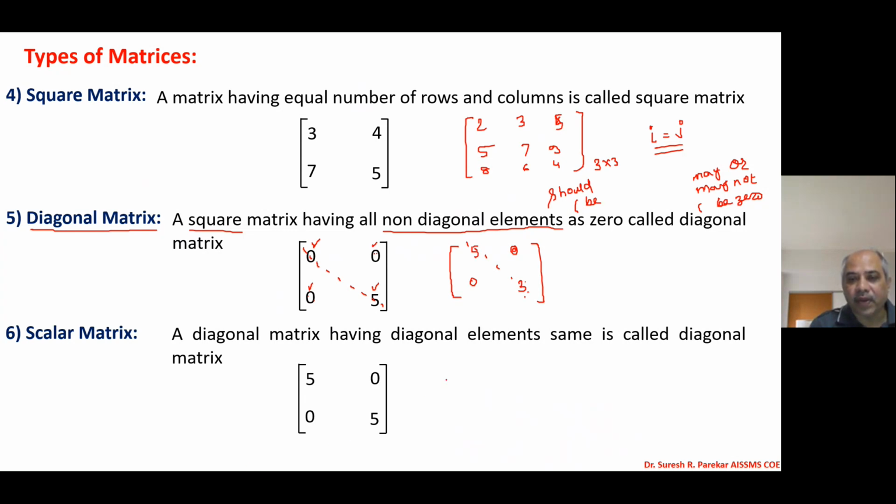Or if you have a 3 by 3 matrix, then you have 2, 2, 2, and all other non-diagonal elements are equal to 0. So this is my scalar matrix where non-diagonal are 0 and diagonal elements are equal.